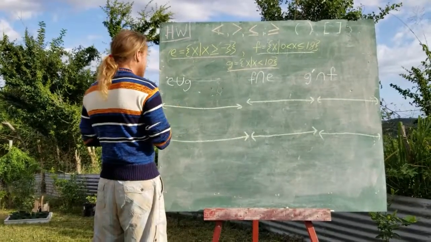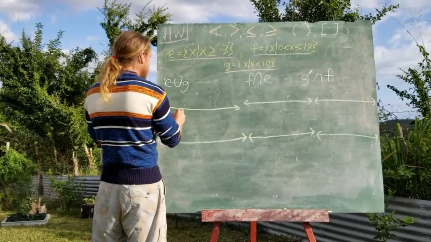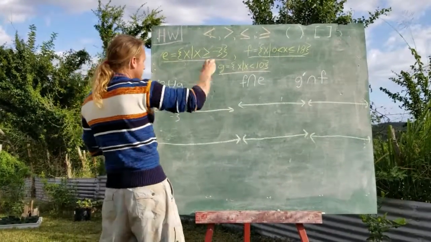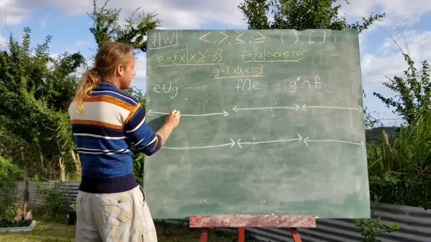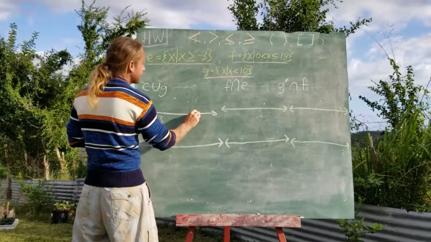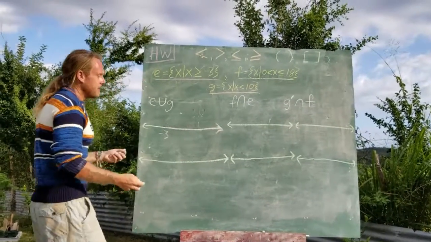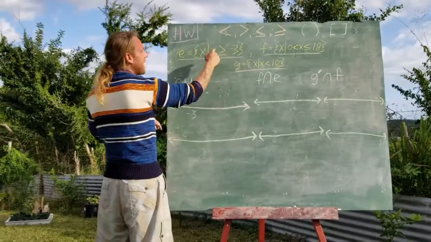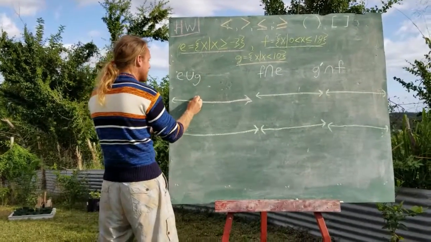So if this is, what color are we? Purple. If this is -3, then x will be greater than this direction of -3, and it goes on infinitely in the positive direction. And do we include -3? Yeah, we sure do, because x is equal to -3 as well.